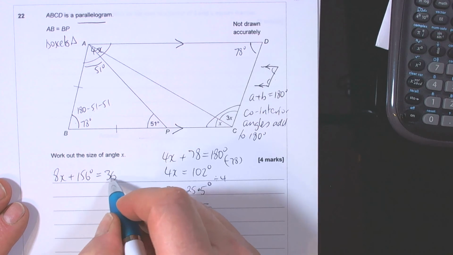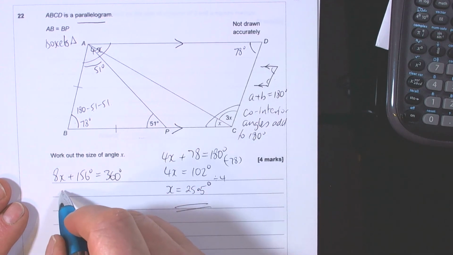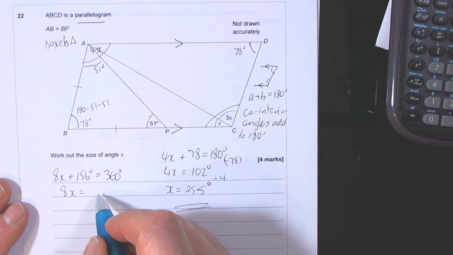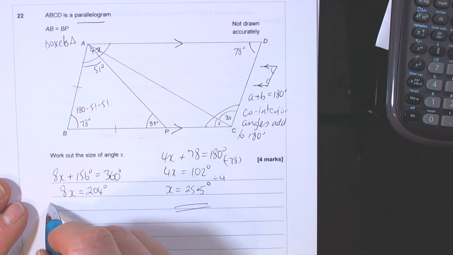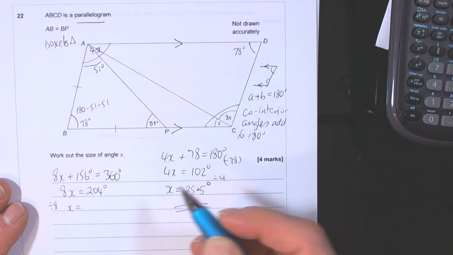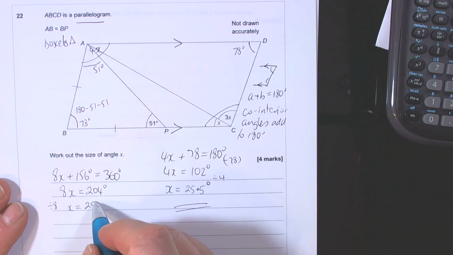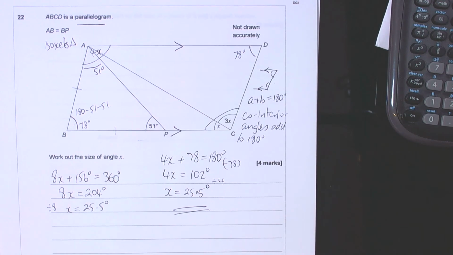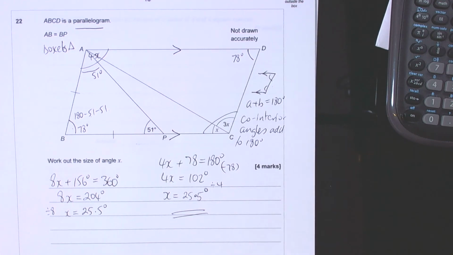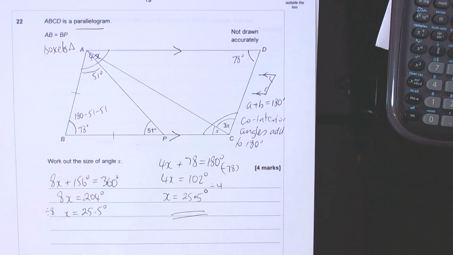That equals 360 degrees. So 8x is going to equal, if I take 156 away from that, 204 degrees. And then if I divide by 8, I get x is equal to 25.5 degrees. Lots of different ways of doing that question. Didn't really matter which way you chose, as long as you got the right answer, of course, guys.